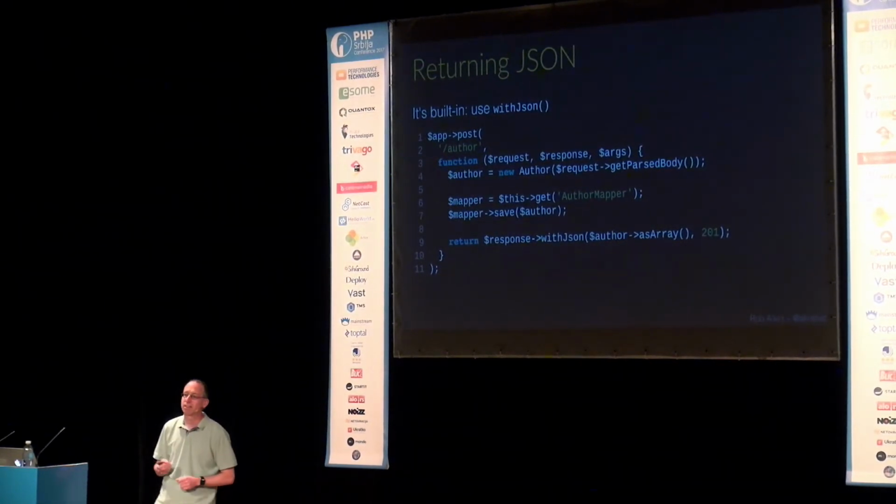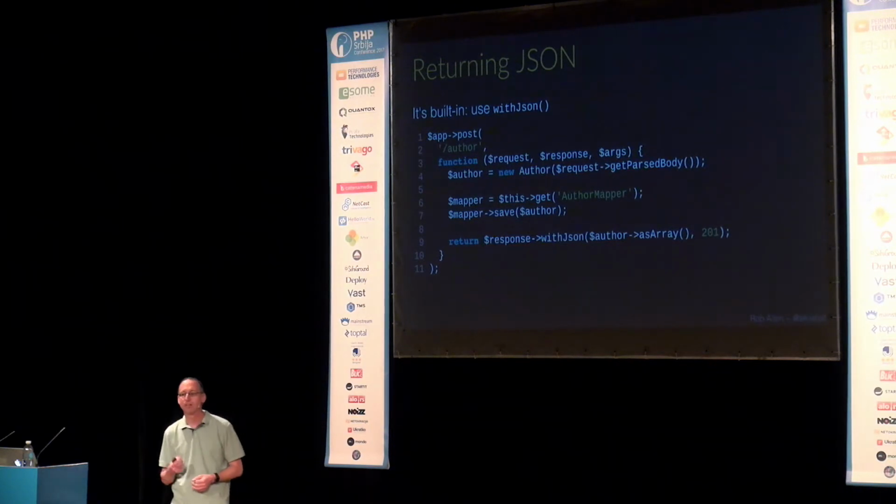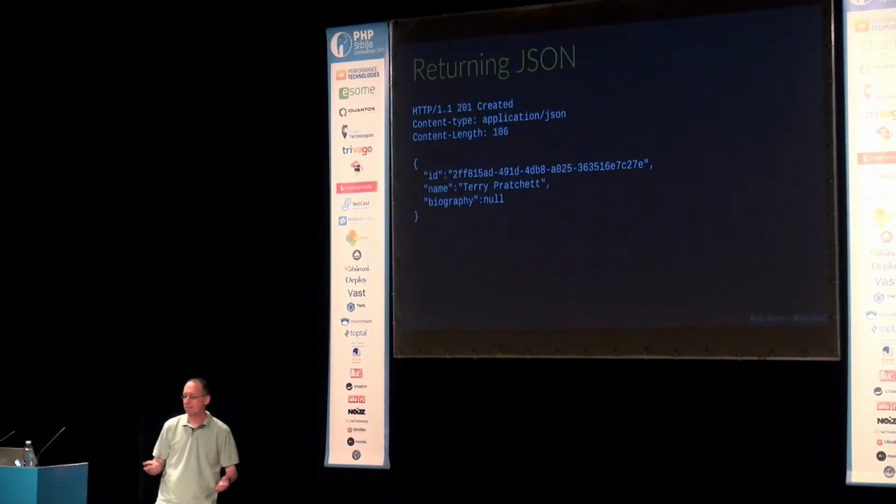Notice you should also set the status code at the same time, because it turns out that these two go together quite a lot. So in this particular case, I've set the 201 status code because I've created an object, or created a resource, or API. All quite easy. Pretty JSON.